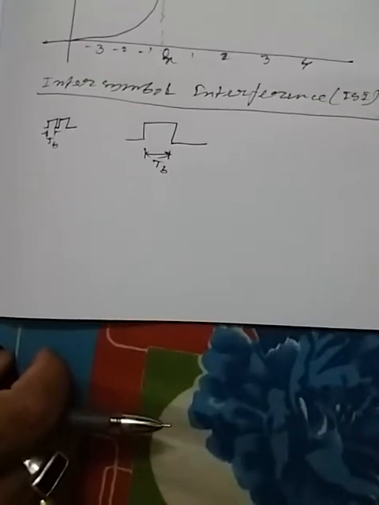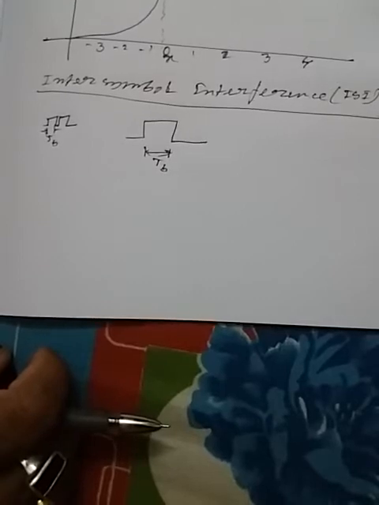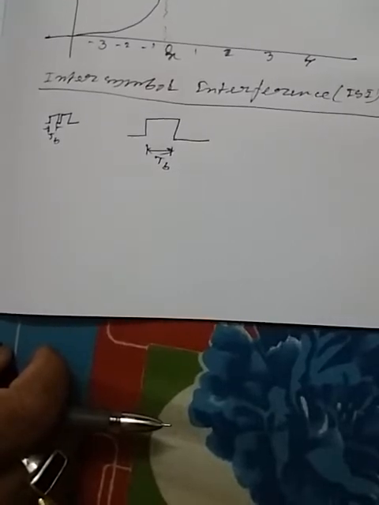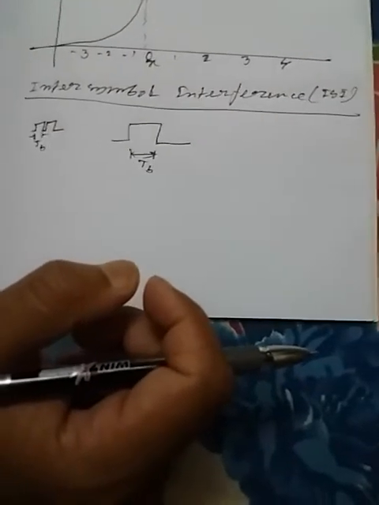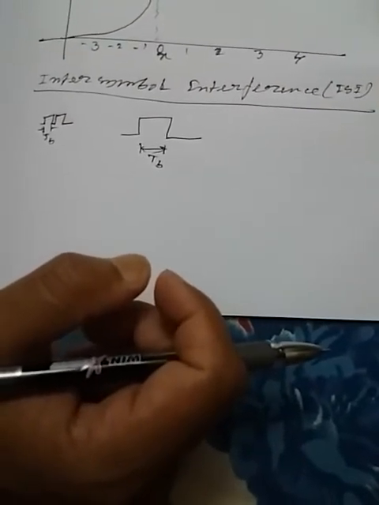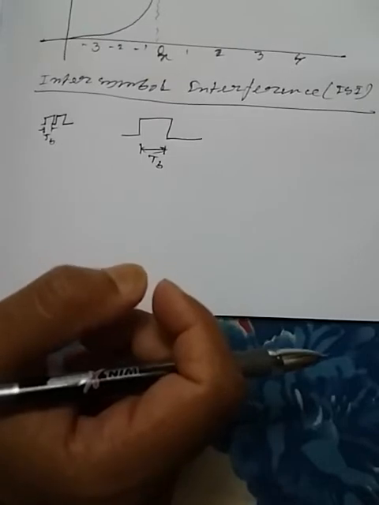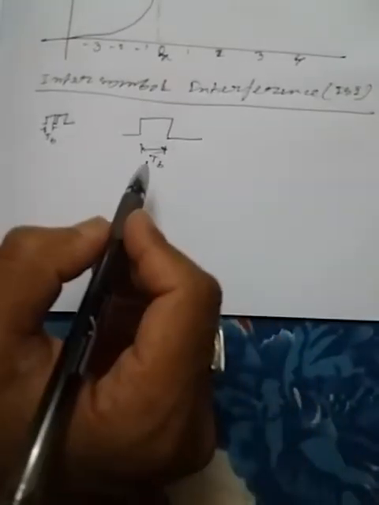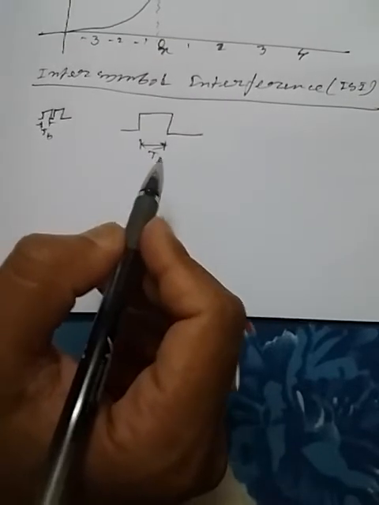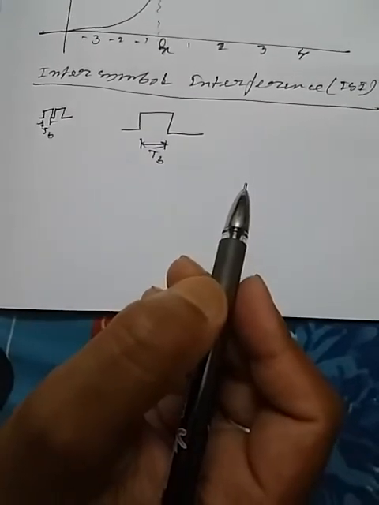Due to this dispersion, the symbols each of duration TB will interfere with each other when transmitted over the communication channel. This will result in inter-symbol interference. The transmitted pulse has duration TB seconds and the dispersed pulse has duration more than TB seconds.